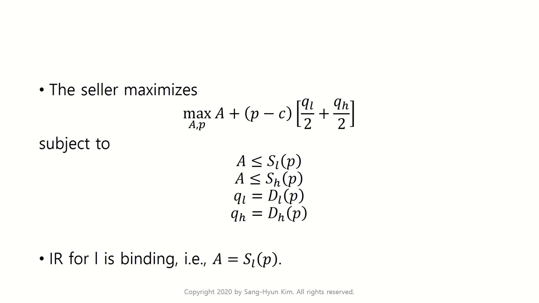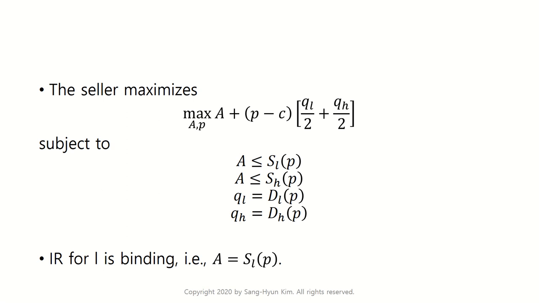So we don't have to consider the second inequality. We ignore the second inequality and just focus on the first inequality. And the IR constraint for the low type consumer must be binding. It is not enough to be satisfied as inequality. It must be satisfied as equality, right?